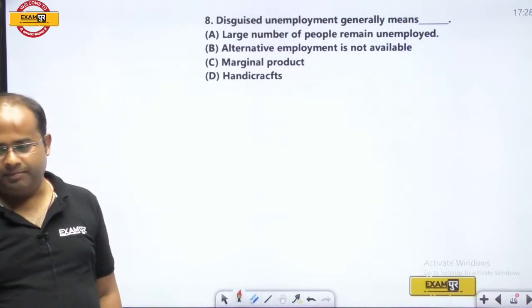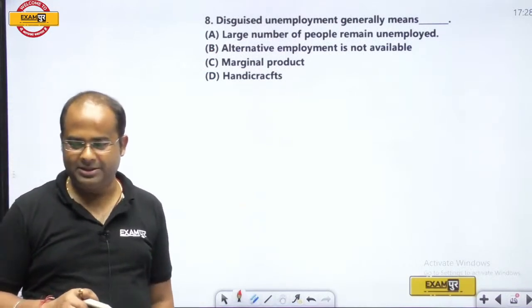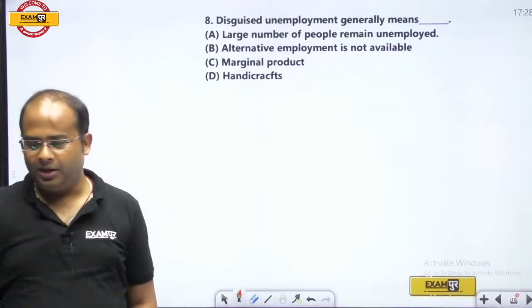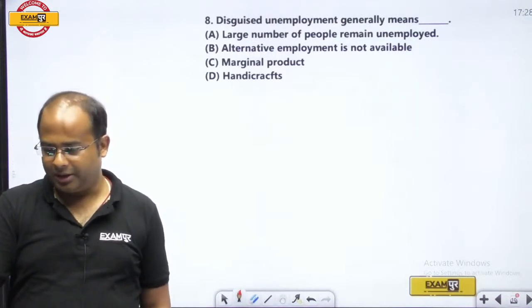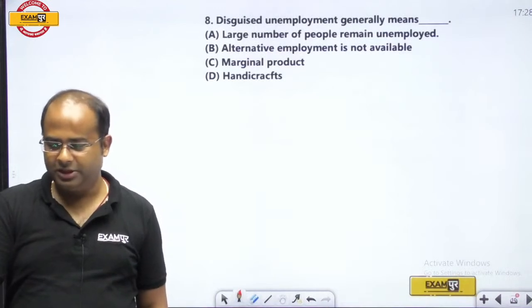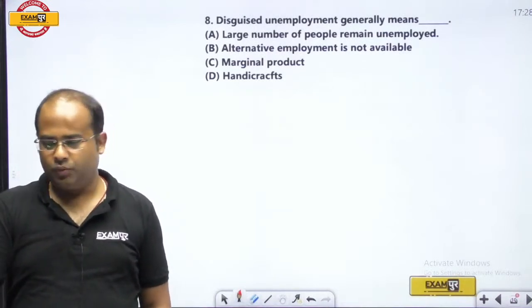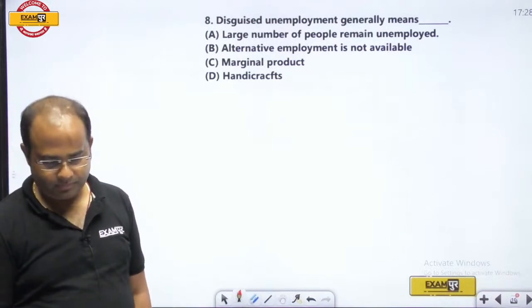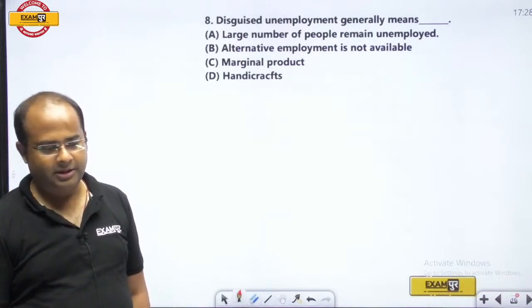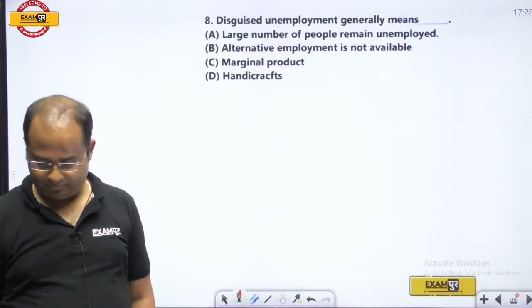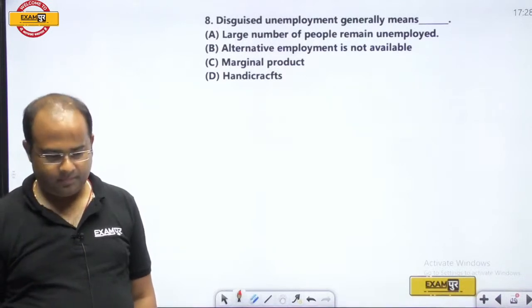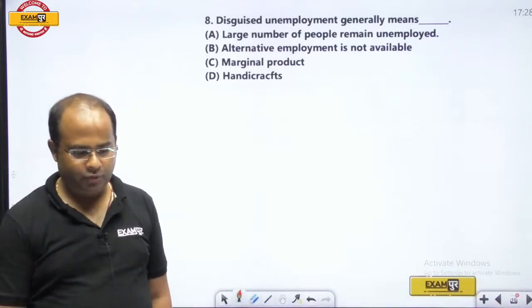Now, disguised unemployment, what is it? Large number of people remained unemployed, alternate employment is not available. So what is disguised unemployment, guys?